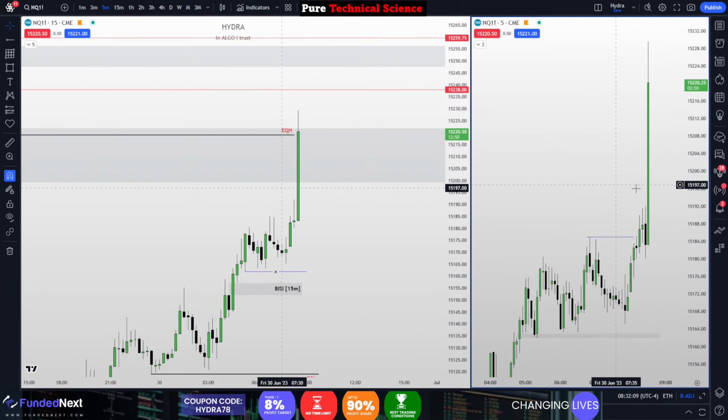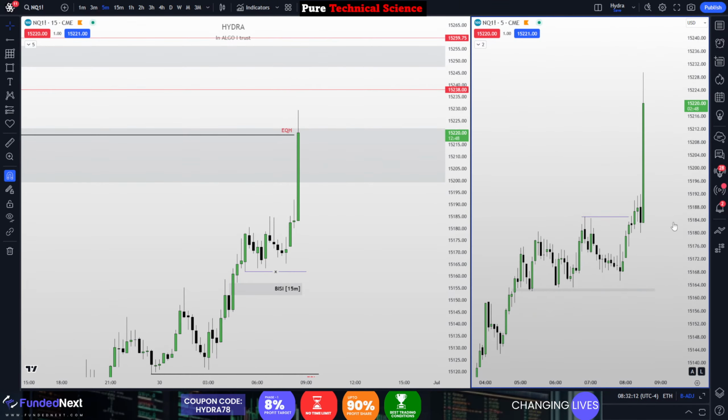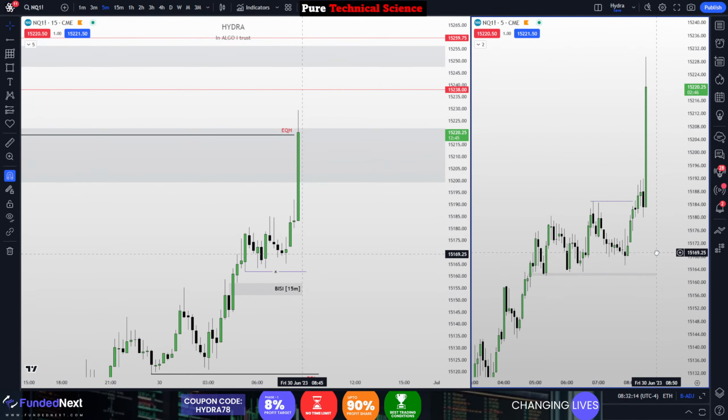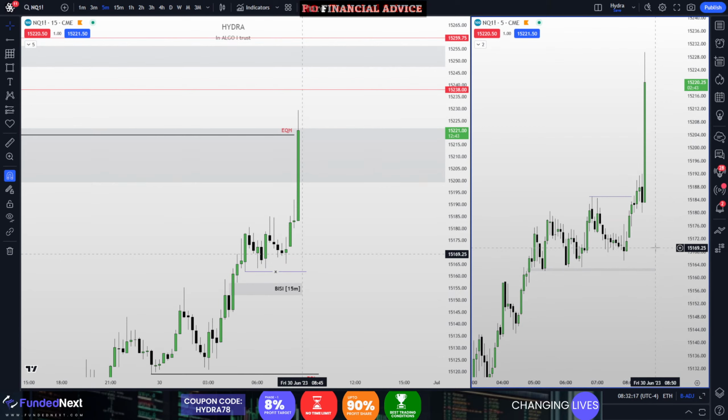Wow, this delivery was really aggressive, right, towards the buy side liquidity. Yeah, there's a lot of relative equal highs even on Dow. Okay, they are moving together, which is good, which will make our trades a high probability setup.